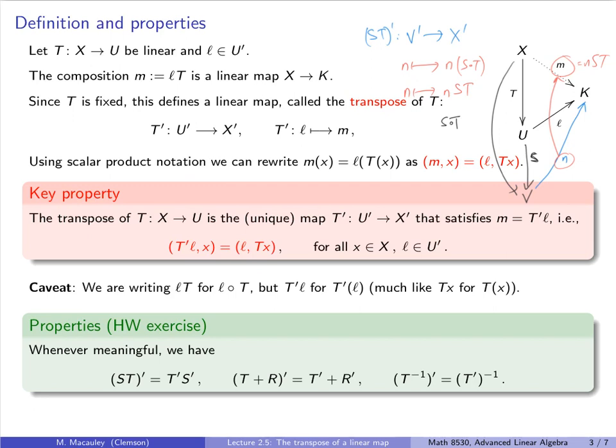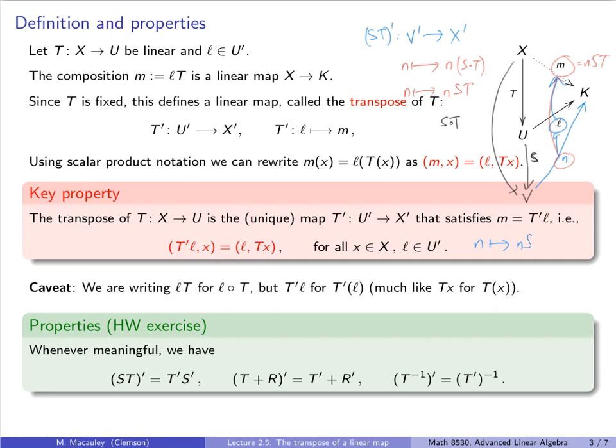Now, this map can be broken up into two steps. You can first send N to this L, and then send L to this M. So N gets sent to what is L here? L is NS, so N gets sent to NS.